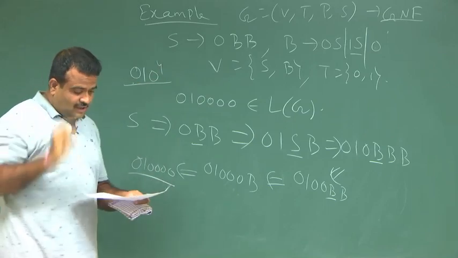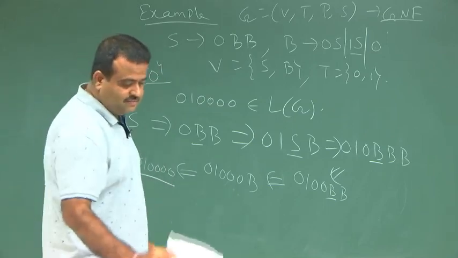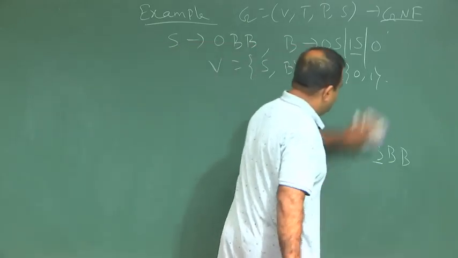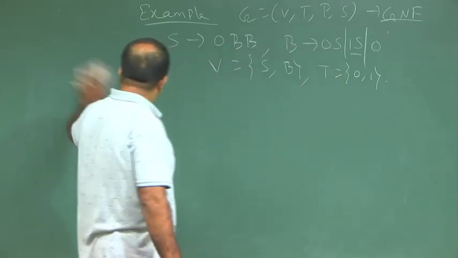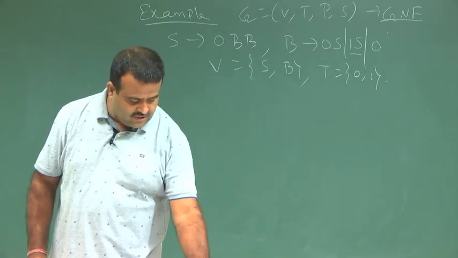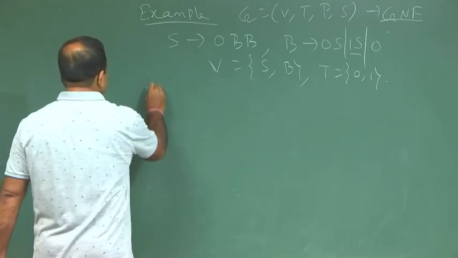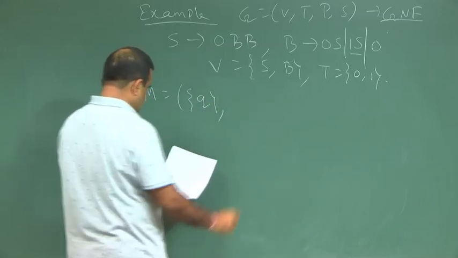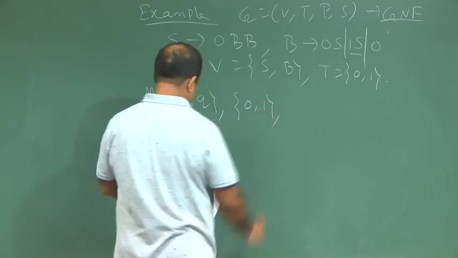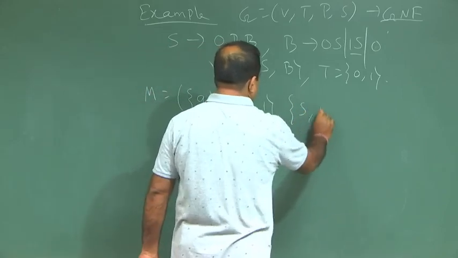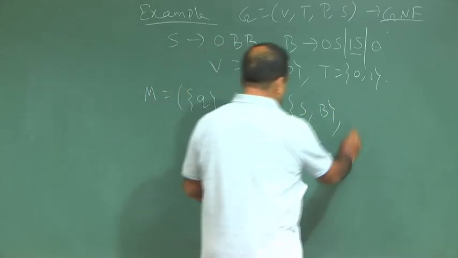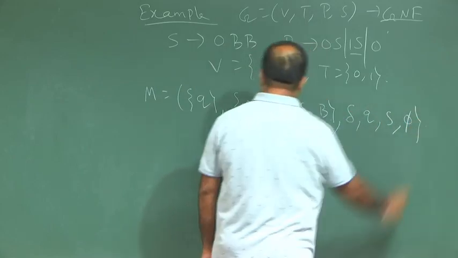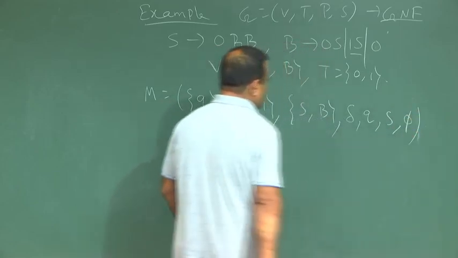Okay. Now, we will construct the corresponding PDA, which will accept the same language. So, how to do that? We will just take M = ({q}, {0, 1}, {S, B}, delta, q, S, phi).